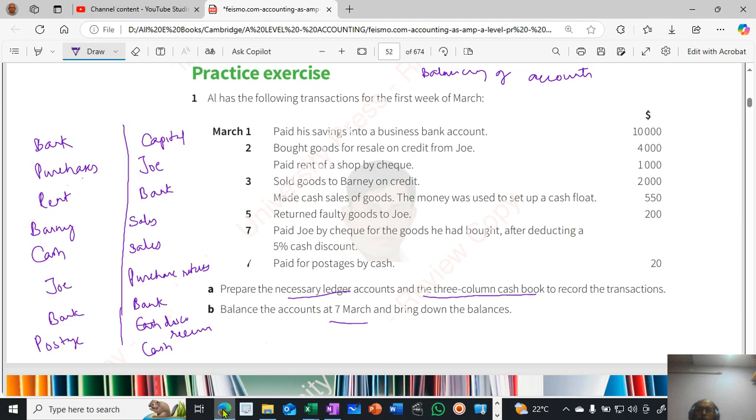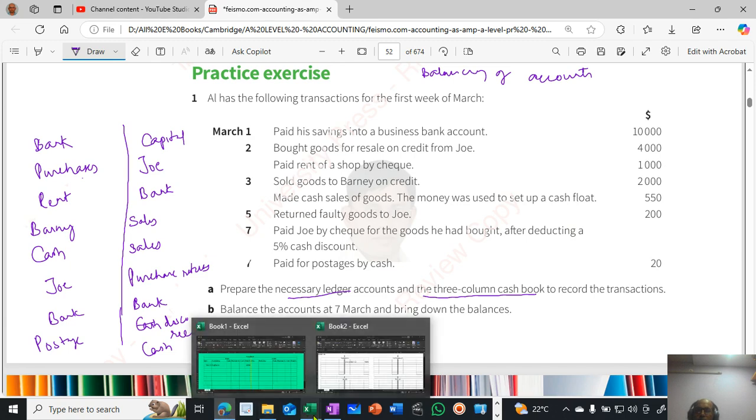Bought goods for resale on credit from Joe. That is on March 2nd. Purchases to Joe, March 2nd.